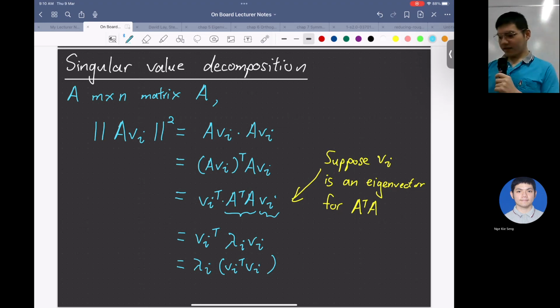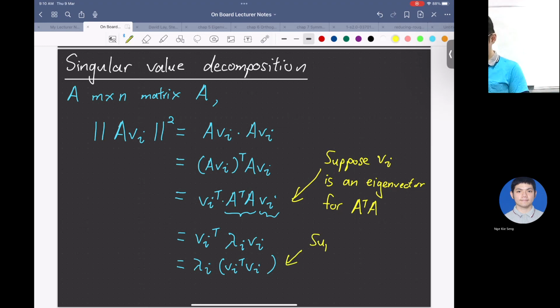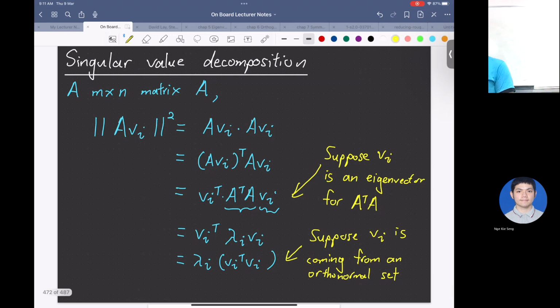If we suppose further that v_i comes from an orthonormal set, that means the length is 1 and it is orthogonal to the others, then the final answer is just the eigenvalue.